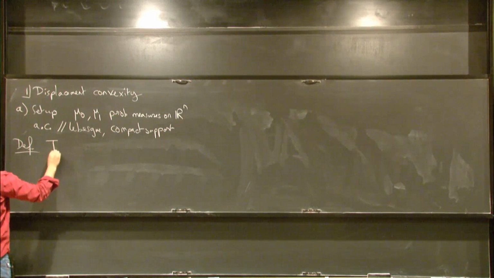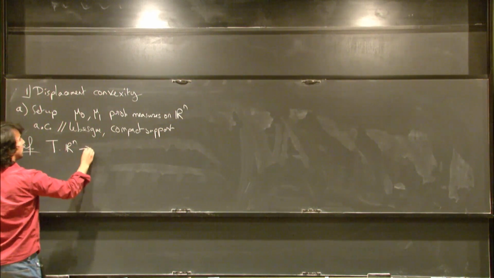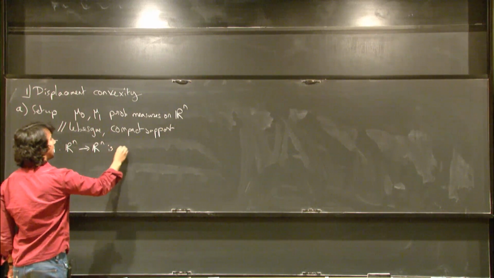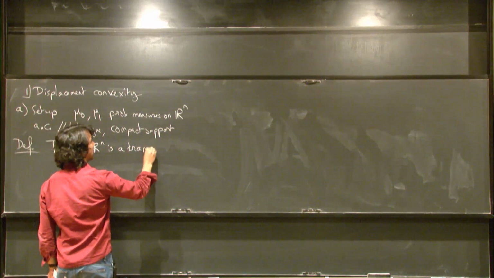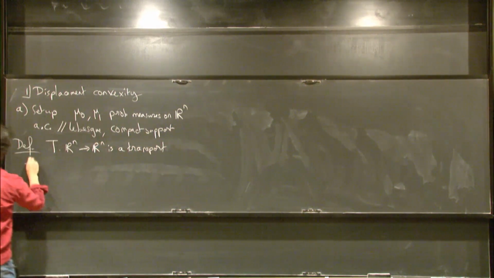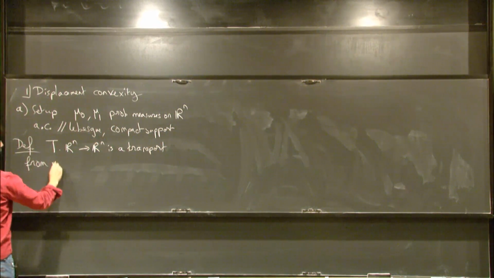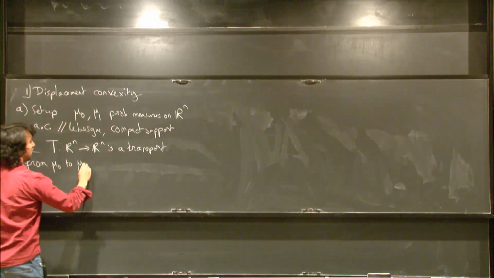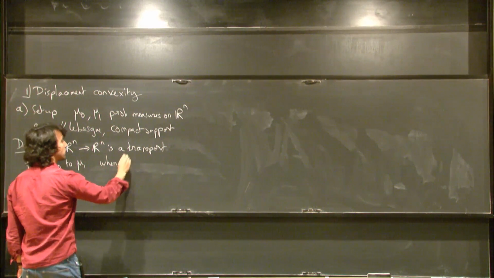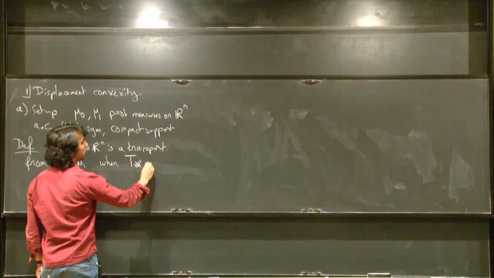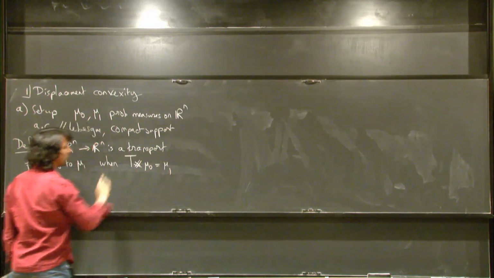So we say that a map T is a transport from mu0 to mu1 when the push forward of mu0 by T is equal to mu1.